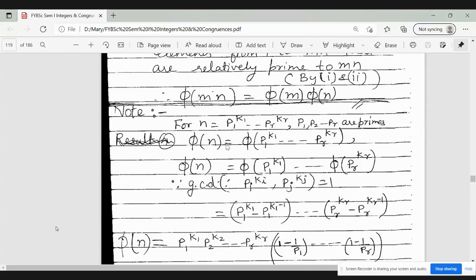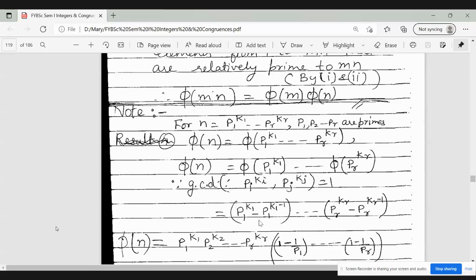So given any number, I can write the prime factorization of n, and then I use this theorem to get that phi of mn is phi of m into phi of n. And phi of p1 raised to k1 is this. Phi of pr raised to kr is this.